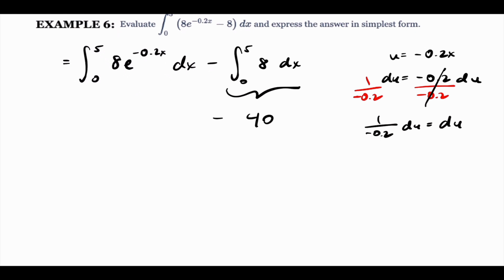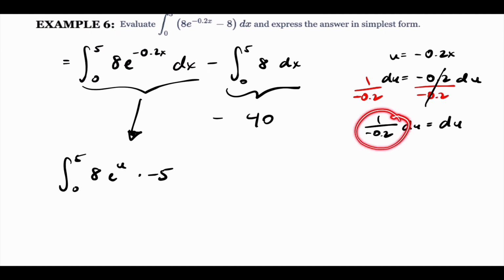Okay, let's put in what we got. So I'm going to move this guy down here. So negative 0.2 is the same thing as negative 1/5. So if you're dividing by negative 1/5, that's really the same thing as multiplying by negative 5.